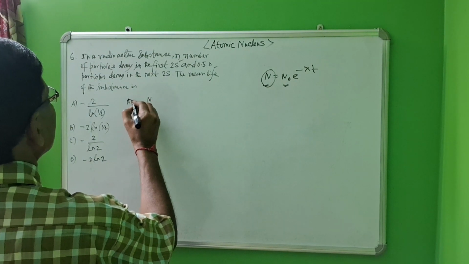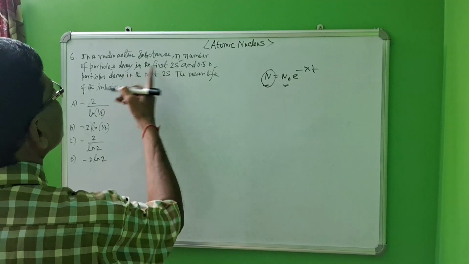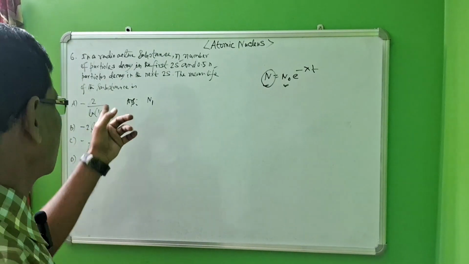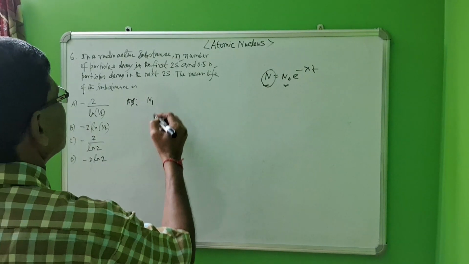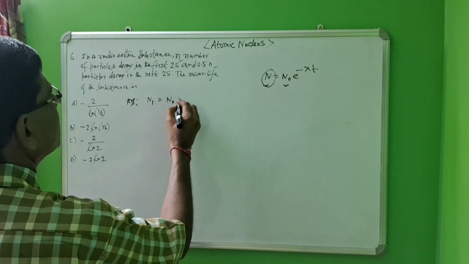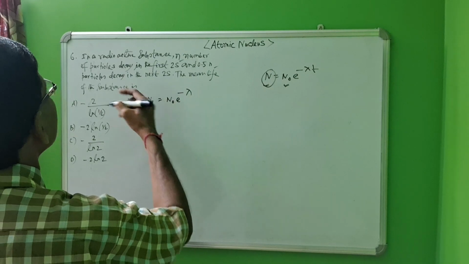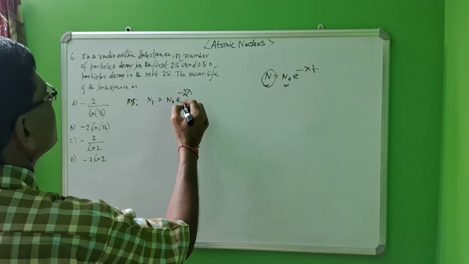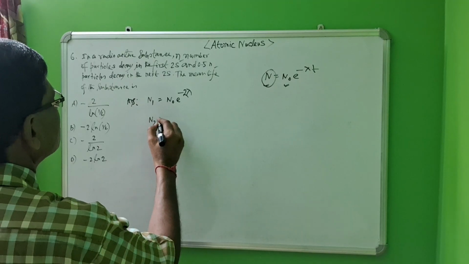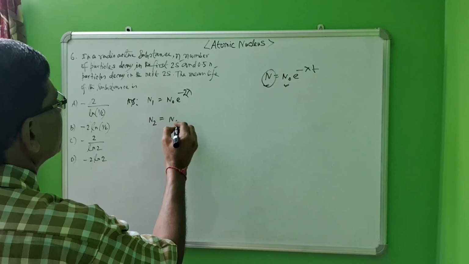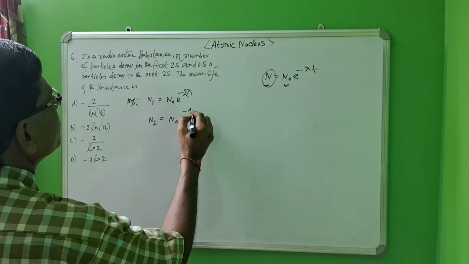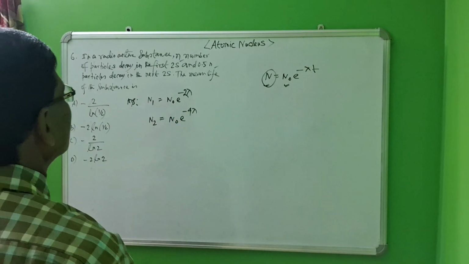Suppose after the first disintegration the number remaining is n1, so n1 equals n0 e to the power minus lambda into 2, and n2 equals n0 e to the power minus 4 lambda.